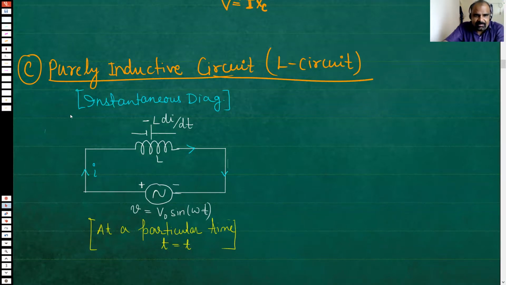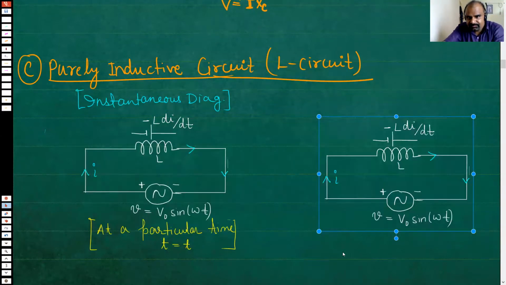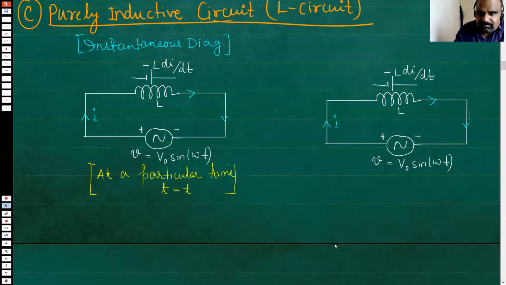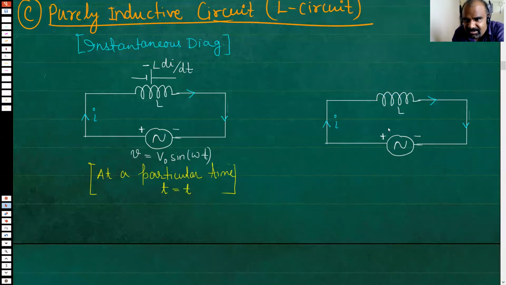Now another type of diagram is the RMS diagram. So for the RMS diagram, I have to delete many things. I can't show positive, I can't show negative, I can't show small letter current, I can't show direction. So this is the RMS diagram.